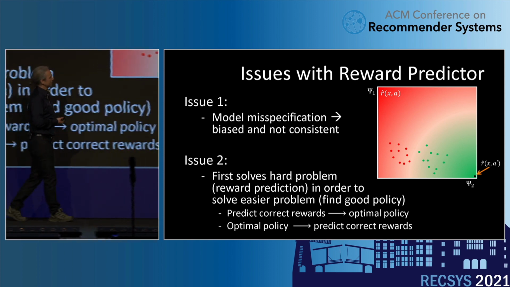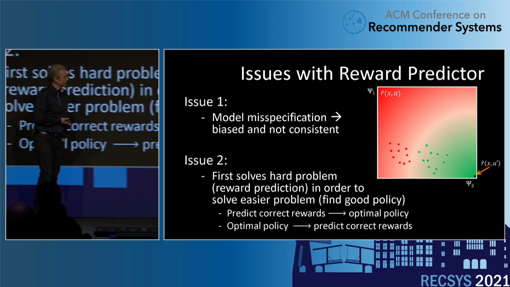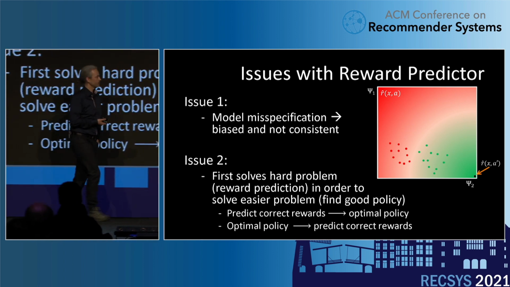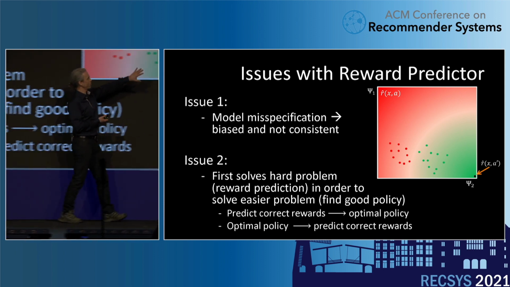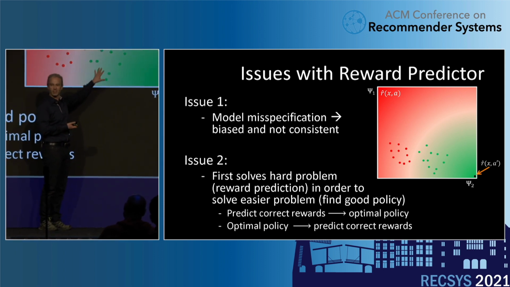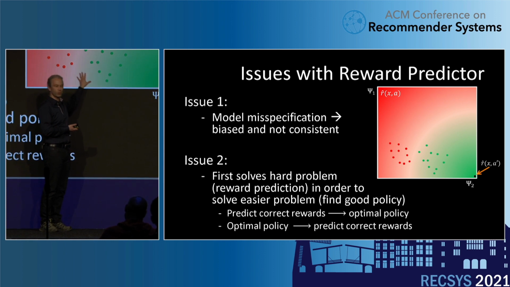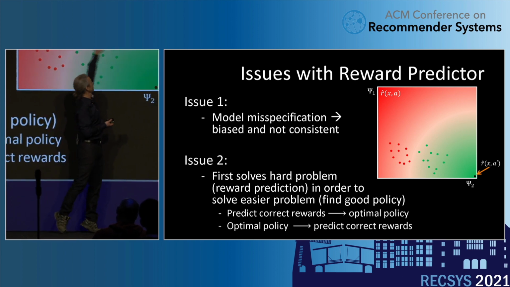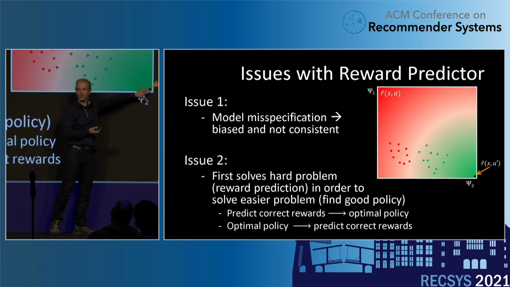So now it really matters whether our reward predictor extrapolates well, right? This corner is pretty far away from all of the points that we actually know. And that our reward predictor extrapolates like that, instead of maybe extrapolating like that and making this red down here.